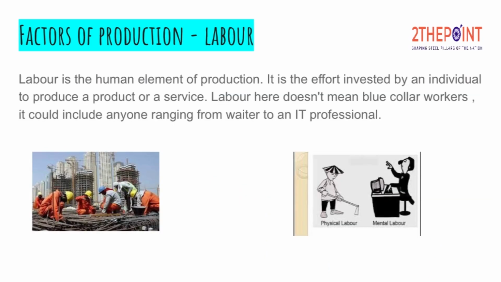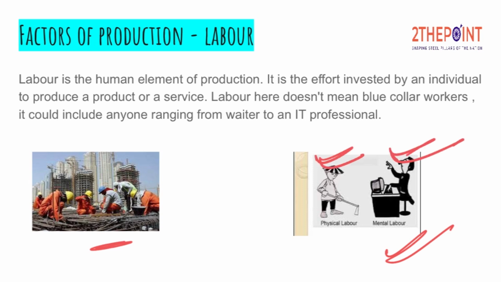Coming on to the next factor of production, which is labor. Labor forms the human element of the factors of production. Now by labor, we do not mean only the laborers working in the field. It could range from farmers working in the field, or labor working at a factory site, or a developer working in an IT firm. It includes both physical labor as well as mental labor.